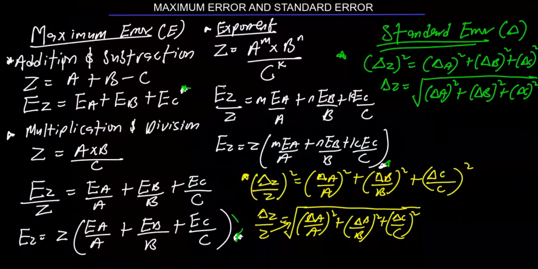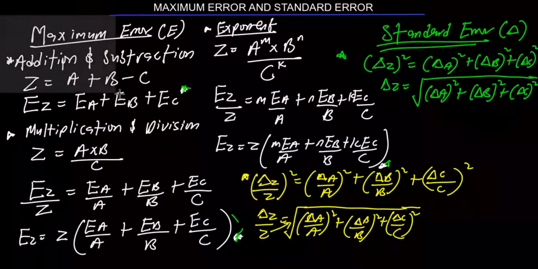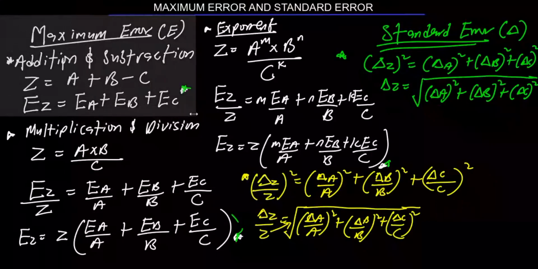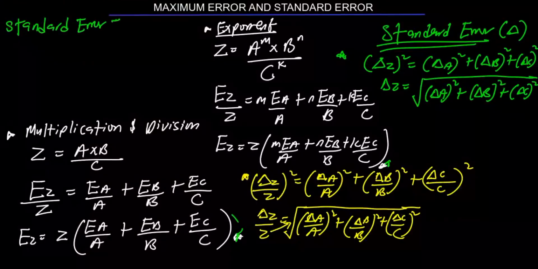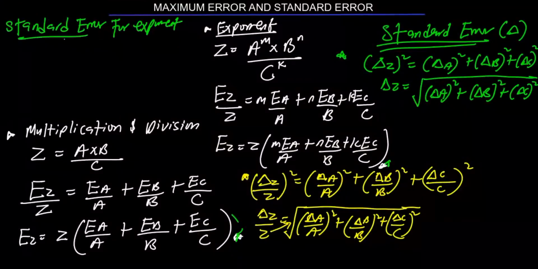Also for this. Now, this one, let me write the standard error formula for exponents. What will I do? Permit me to erase this part. So just jot it down so you get the concept clear. So what will I do now? To get the standard error for exponents, so what will I do?